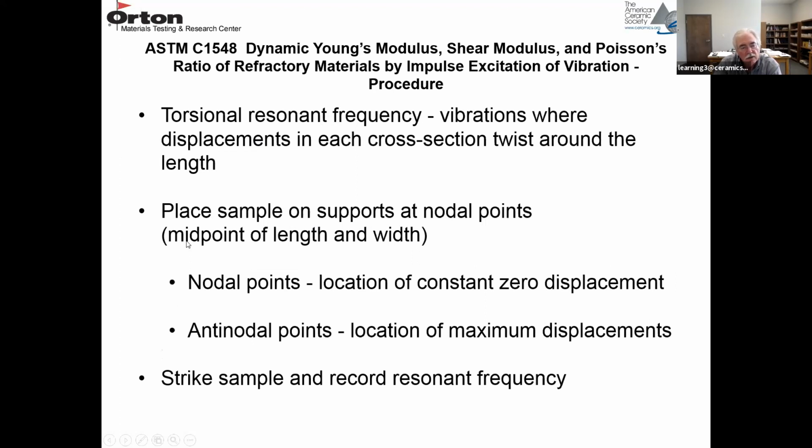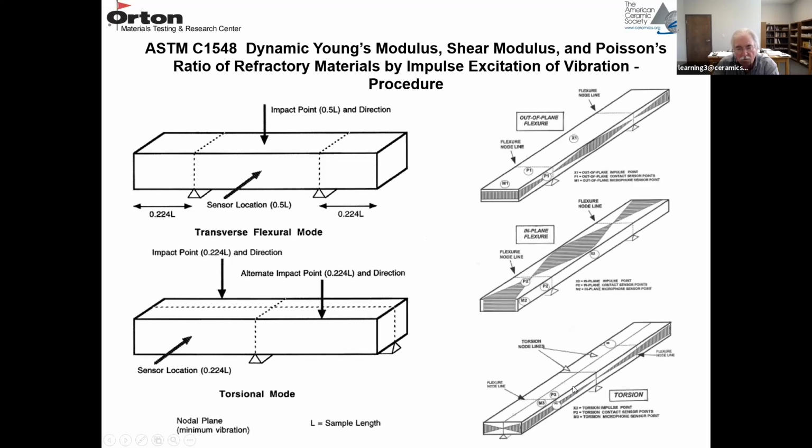And the nodal points are lines across the sample from the midpoint of the length and the width. I'll show you that in the next few slides. Again, the nodal points have zero displacement. The antinodal points have maximum displacements. And same as for the flexural frequencies, you just strike the sample and record the frequency.